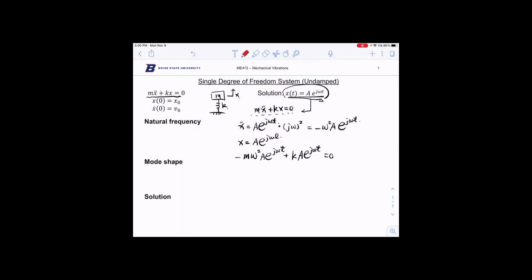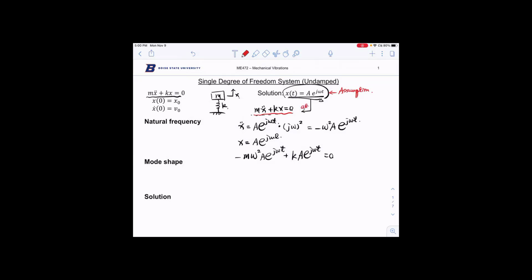Once we plug it back in, this is the actual assumption. We assume the solution is in this format, and then this equation, that means this ODE, should always be true no matter what your time point is.